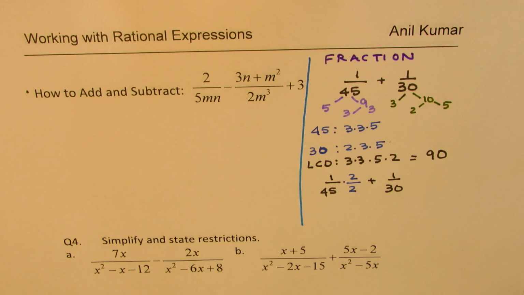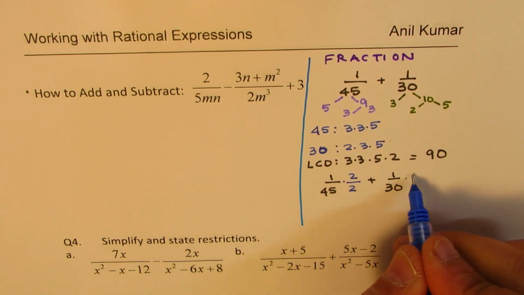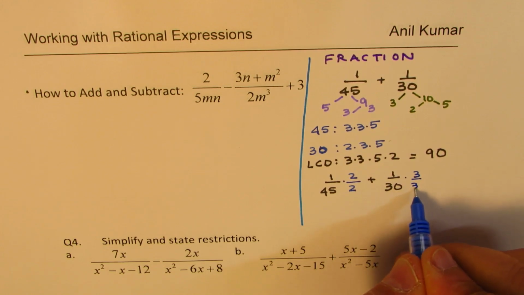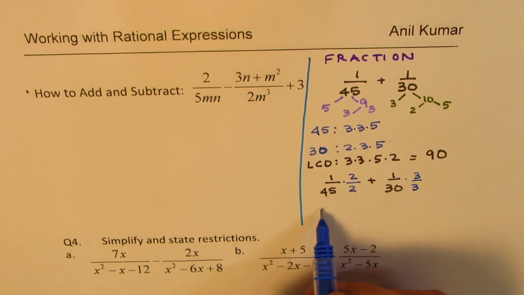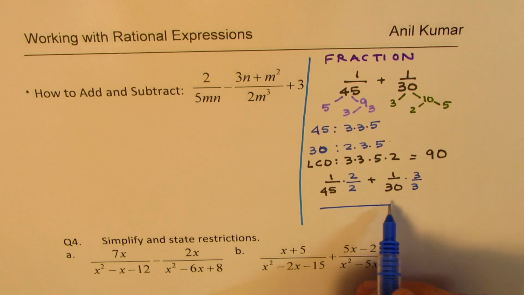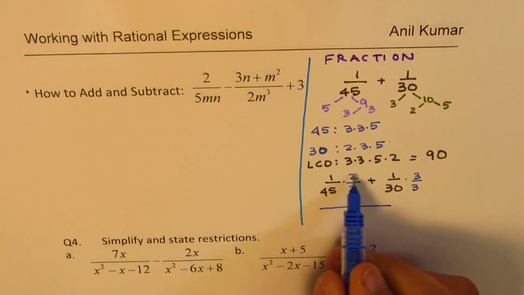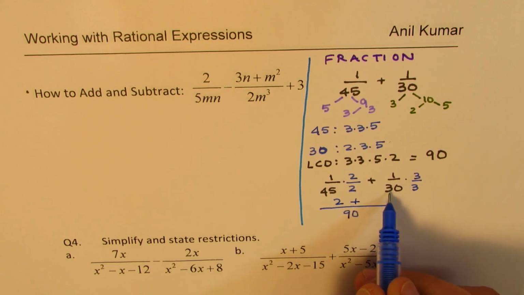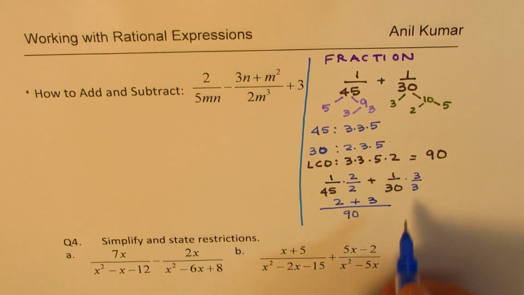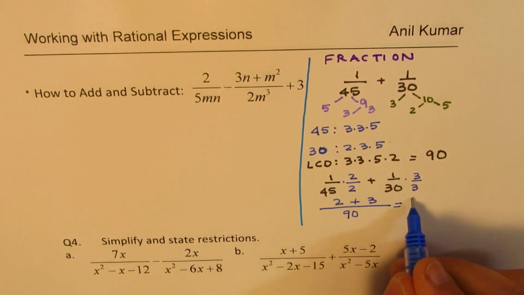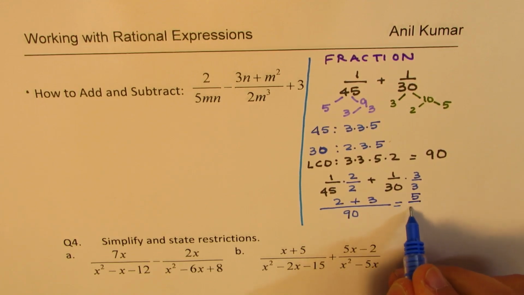Multiplying and dividing by the same number is as good as multiplying by 1. And in this case, I have to multiply and divide by 3. So once I do that, I get a common denominator of 90. In the numerator, for 45, I get 2. And for 30, in the numerator, I get 3. When we add them, we get 5 over 90.